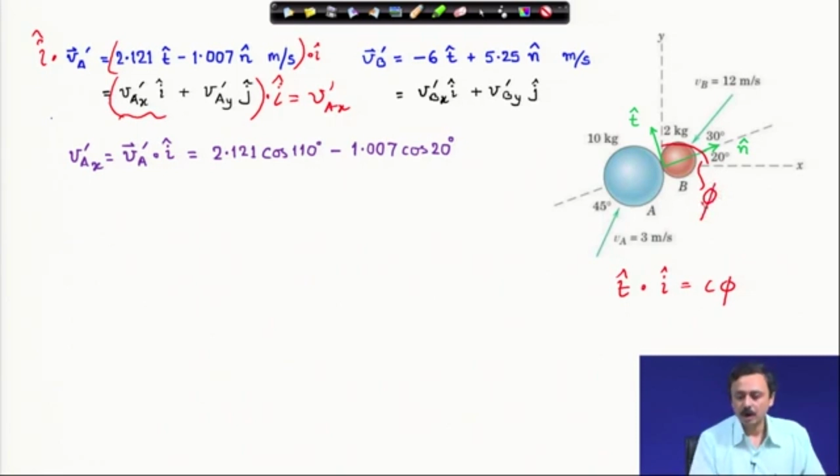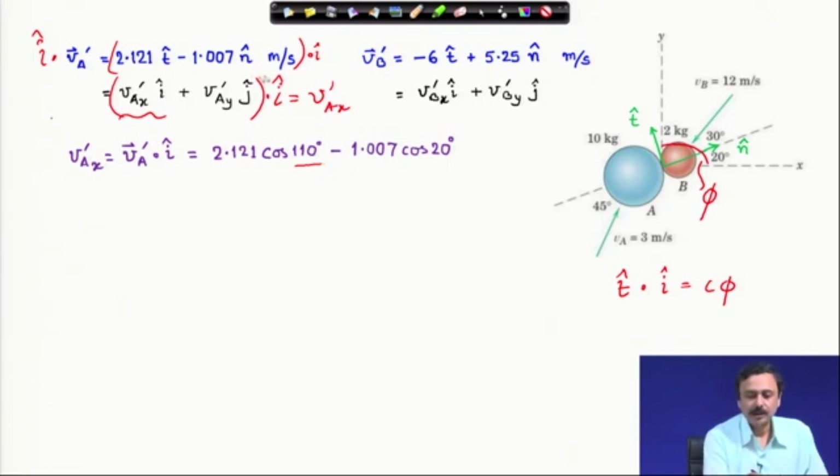Then the dot product of T cap and I cap is, because both are unit vectors, magnitude of T into magnitude of I, both 1, into cosine of the angle between the two, and if you do this calculation it turns out to be 110 degree. Therefore, T dot I cap is cos 110.